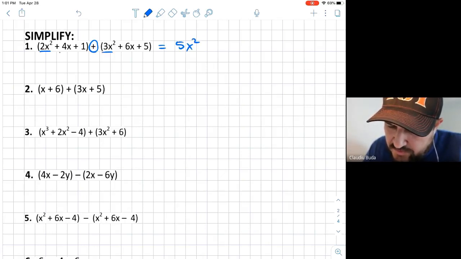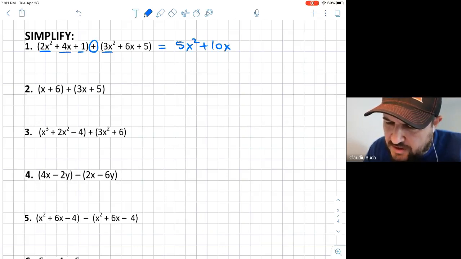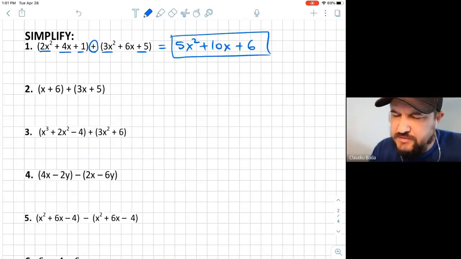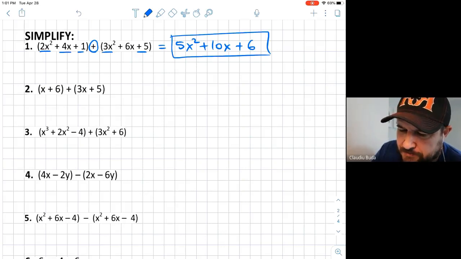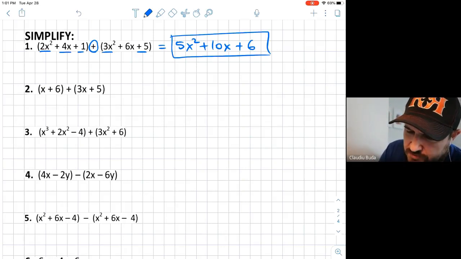Then we have 4x plus 6x is 10x. And then we have 1 plus 5, 6, which is plus 6. So the answer is 5x squared plus 10x plus 6. That's the answer.